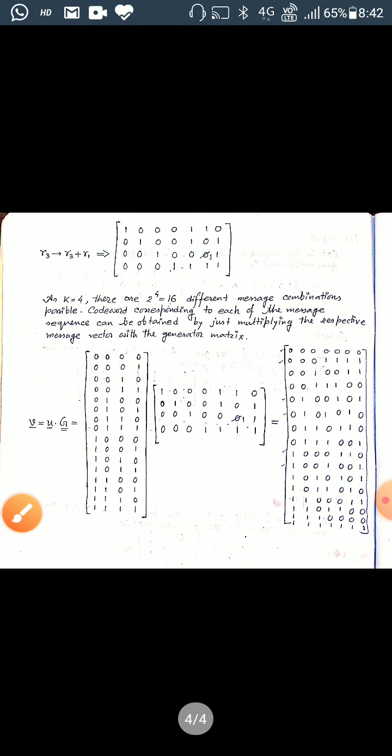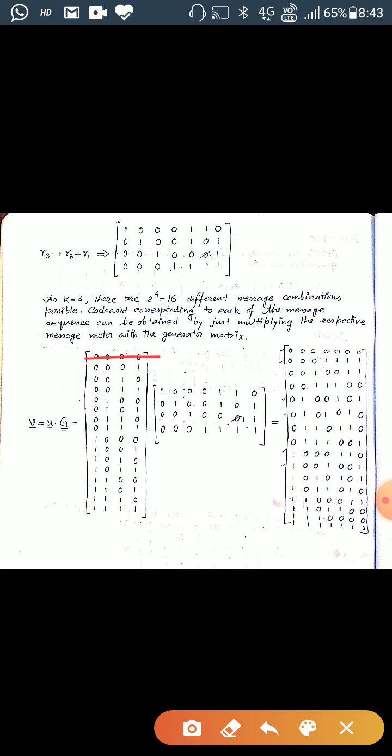From this one, this is the u, and in the previous example one particular value was given, that is 1011. Here for the 4 bits, each and every combination is given to you, and now you also know the generator matrix. By the same process, a row is multiplied with the individual column to get the first element. In such a way, for each and every case, you can get the value of the code vector.